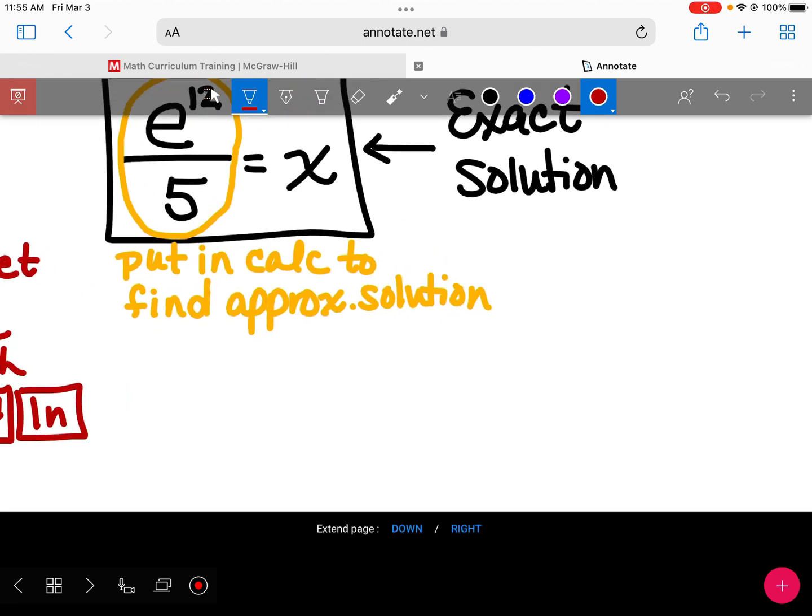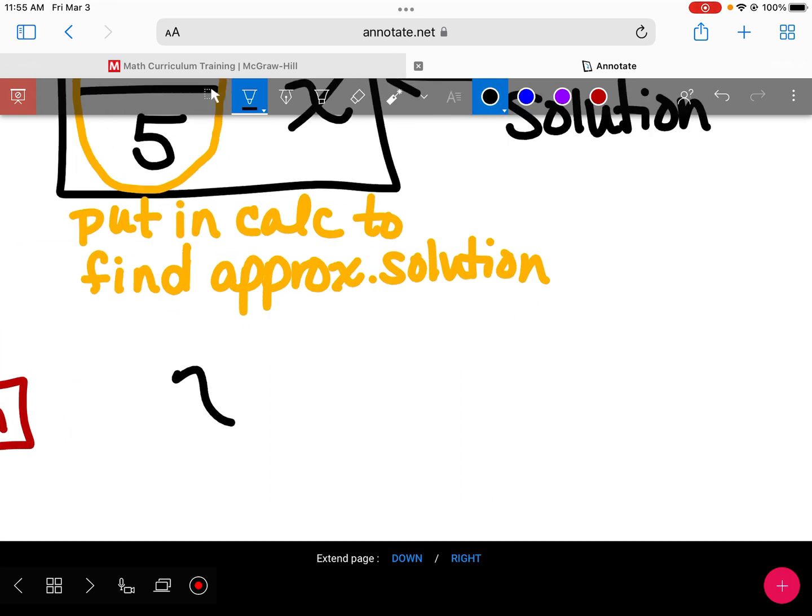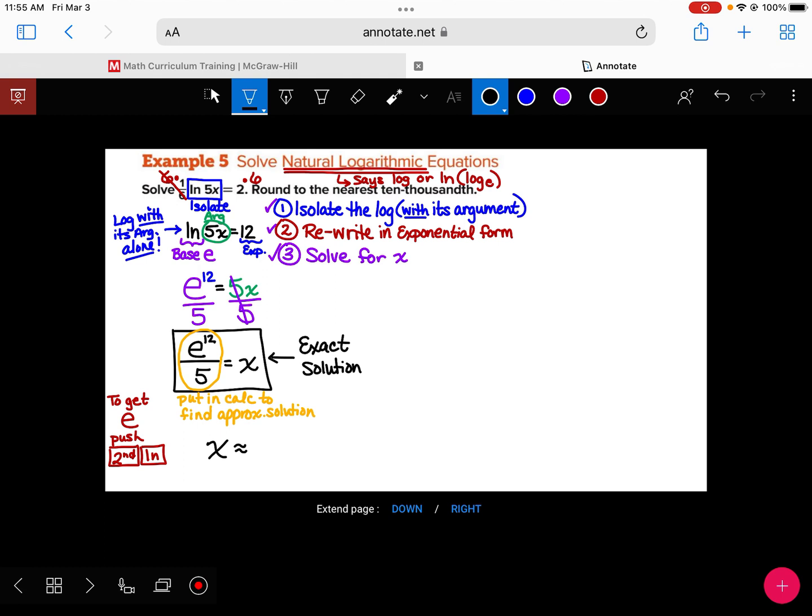So on my calculator, I need a fraction, second ln so that I see E, put in my exponent of 12, divide it by 5. So 5 goes on the bottom of my fraction. And then I hit enter. What do you get when you put that into your calculator?